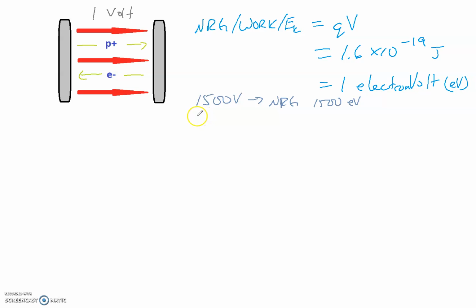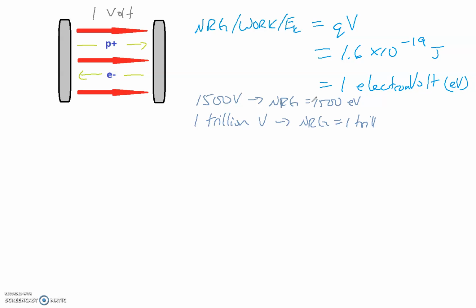If you had 1 trillion volts of potential difference, then the energy would be equal to 1 trillion electron volts. It's just that easy. So electron volts are a really simple thing to use when dealing with subatomic energies. When you look at atomic stuff, you'll see electron volts used all the time.